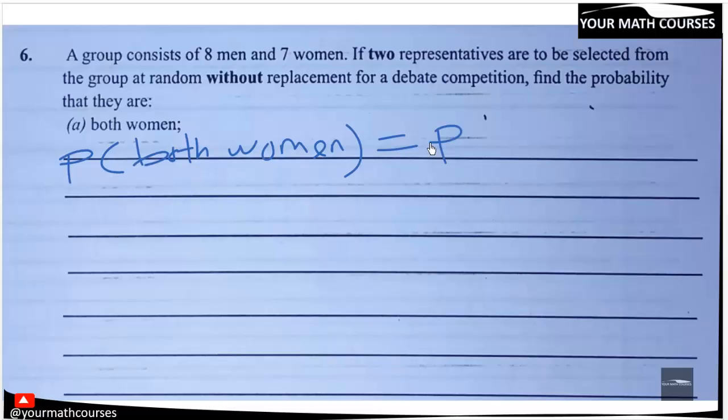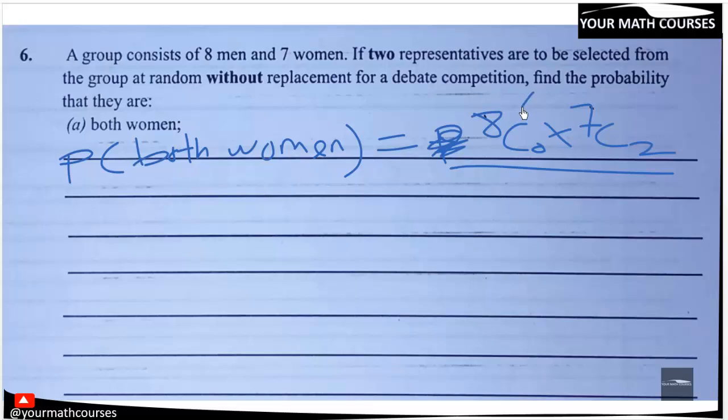So the probability that no men are selected will be equal to 8 combination 0, times 2 women selected, 7 combination 2, over the sample space.